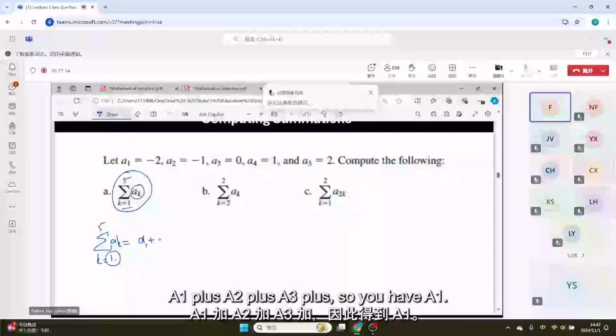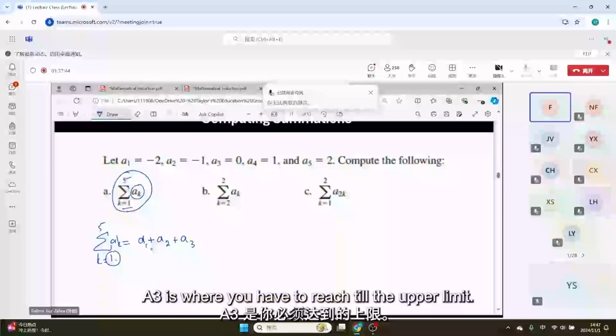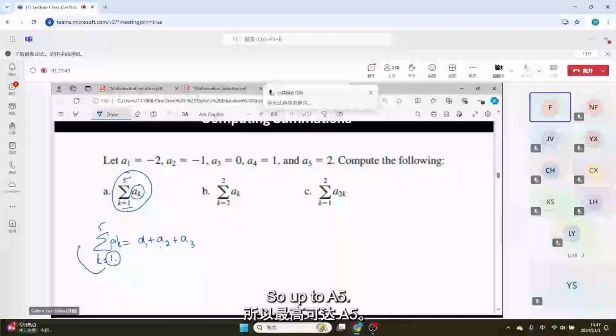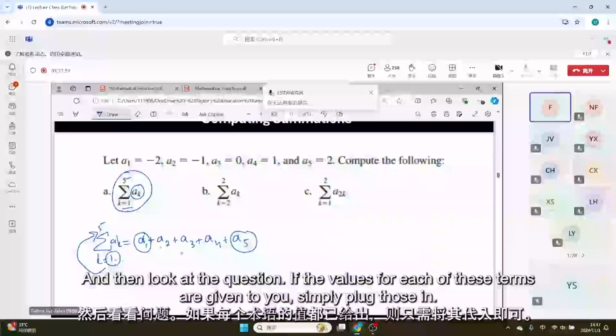A1 plus A2 plus A3 plus, so you have A1, next after 1 is 2, so A2, after that is 3, A3, and you have to reach the upper limit, so up to A5. Your lower limit up to the upper limit, add all of those, and then look at the question.